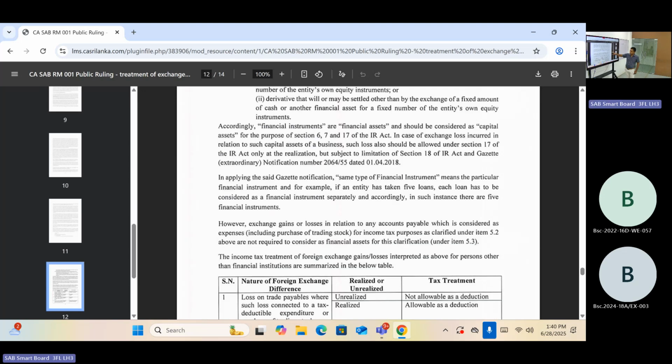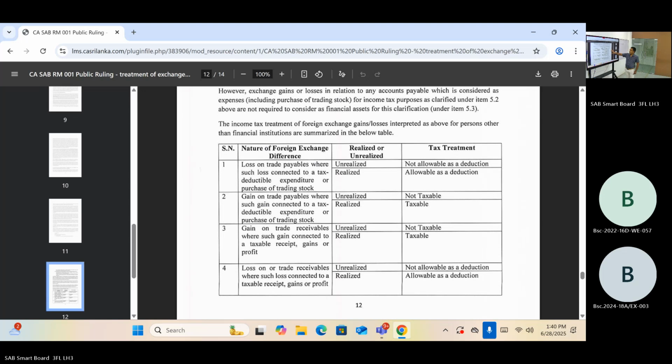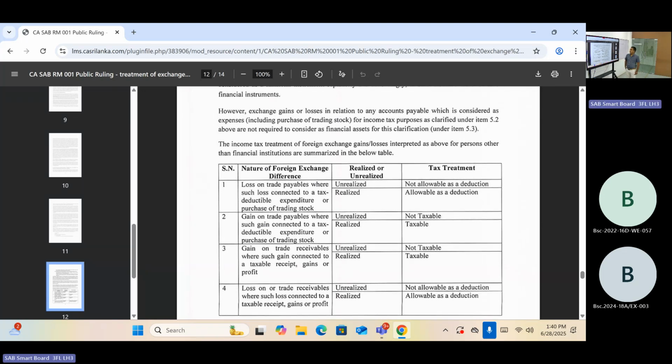However, exchange gain or loss in relation to any account payable which is considered an expense for income tax purposes, as classified under section 52, and not required to be considered financial assets for this purpose. The income tax treatment of foreign exchange gain or loss interpreted as above, for persons other than financial institutions, is summarized in the table.